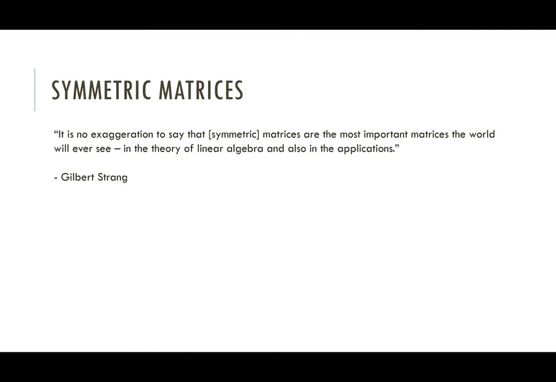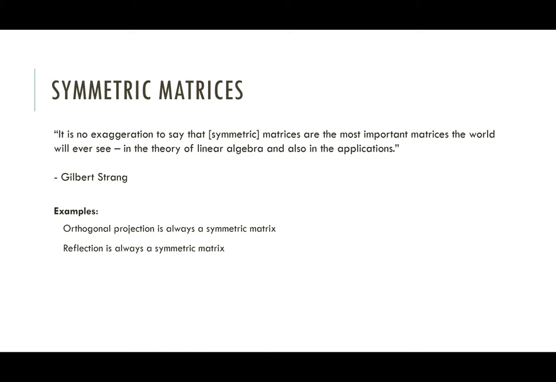But let's just recall some examples of symmetric matrices we've seen so far. So one, we've seen orthogonal projections, and maybe you never really noticed this, but orthogonal projections have always been symmetric matrices. Same with reflection. Once again, always a symmetric matrix.